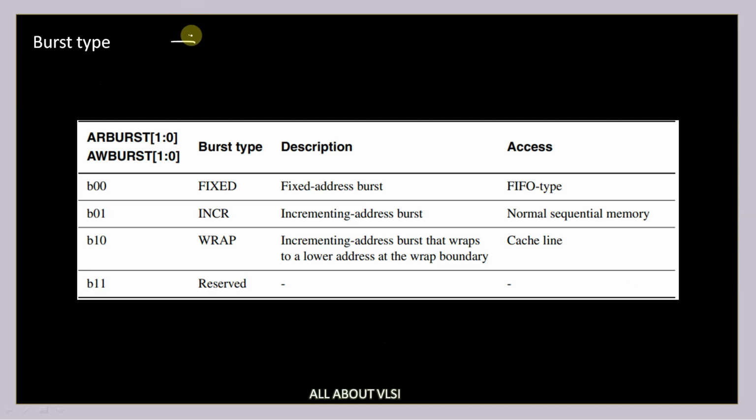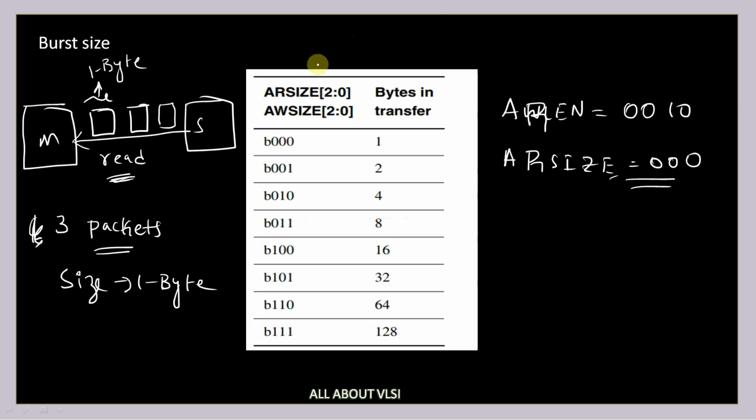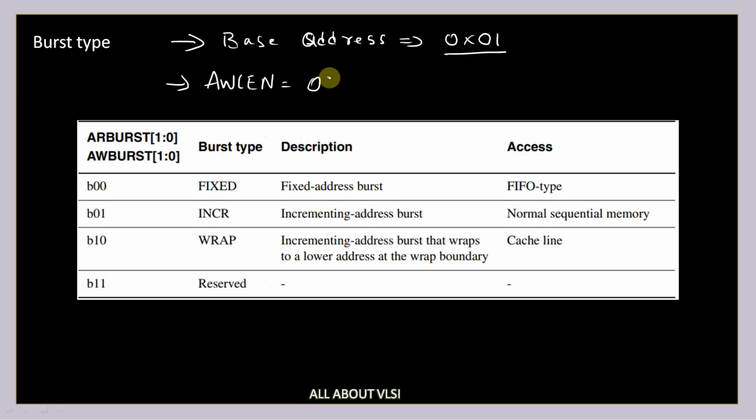Now let's say my base address or starting address is 0, 1. And my AW length is 0001 0001.